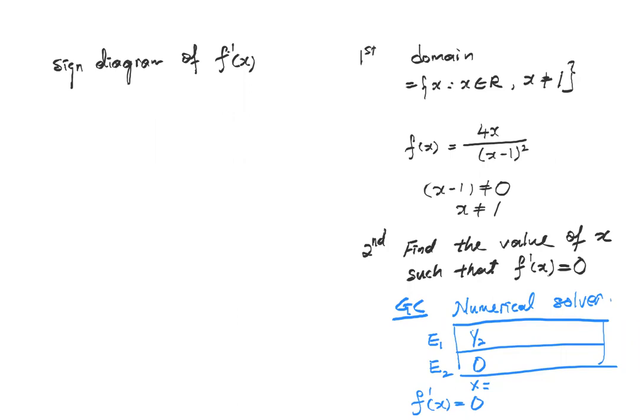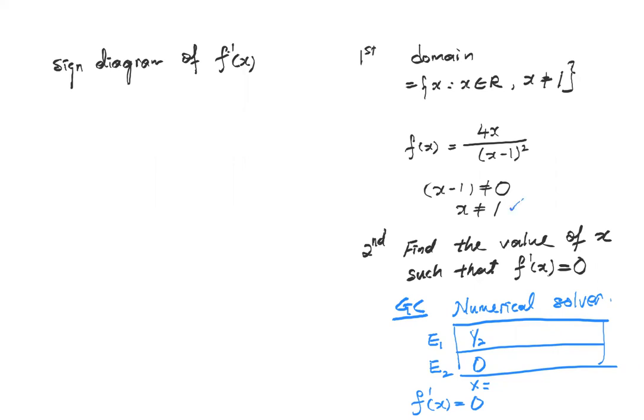So I'm just telling you numerical solver, you must keep trying until you get the answer. Okay, shall we? It's better than you don't know what to do, am I right? So I'm just telling you that if you really don't know what to do, numerical solver will be a good one for you. Okay, so now we have two important points.